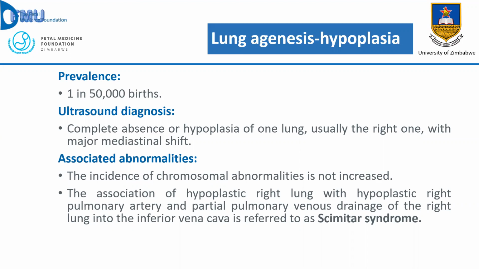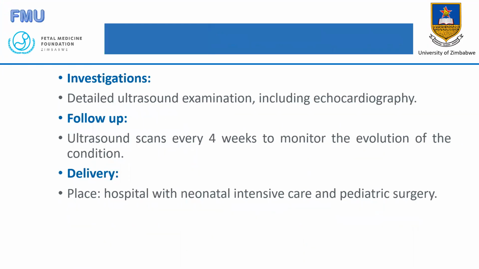The reason is we know that there's a condition called Scimitar syndrome. So when you suspect Scimitar syndrome, just examine the lungs carefully. Then detailed ultrasound examination includes echocardiography because of the Scimitar syndrome, which we mentioned. Then ultrasound scans every 4 weeks to monitor the evolution of the condition.